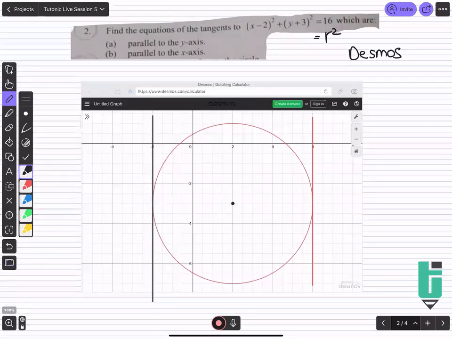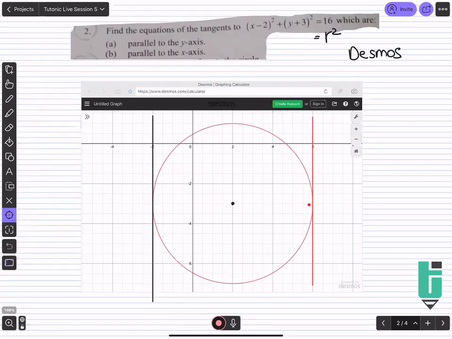So what can you tell me about the radius and this tangent? The radius that I draw to meet this tangent, what can you tell me about that radius?